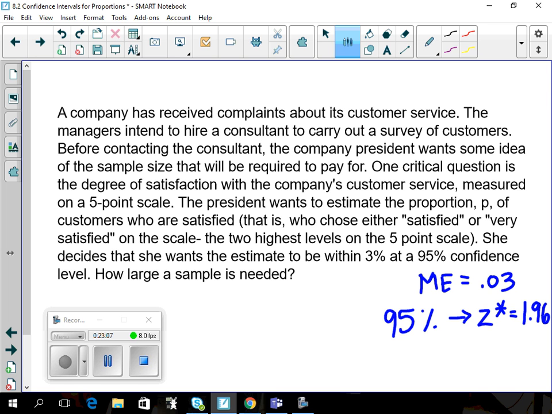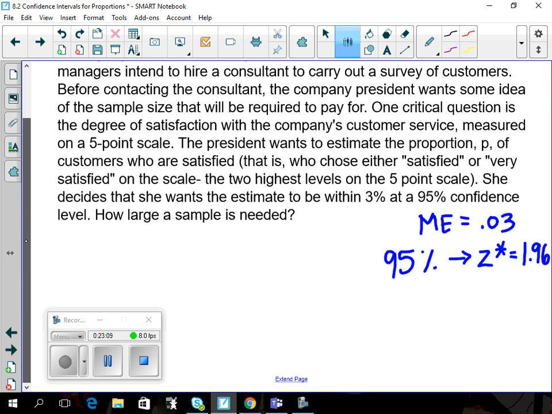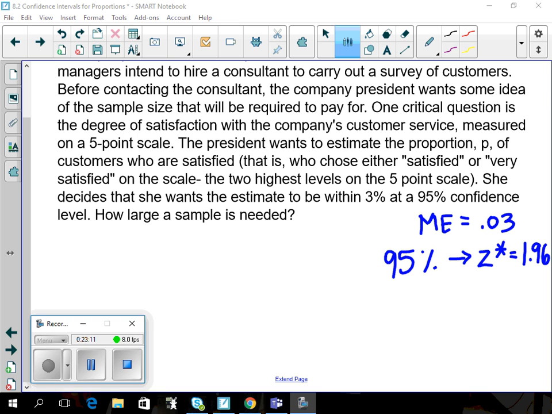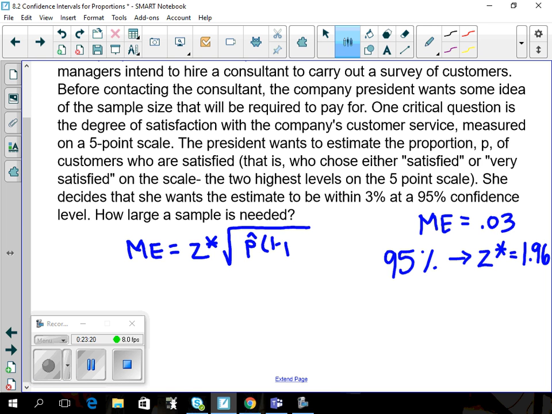Well, let's write down our margin of error formula. Our margin of error formula is z star times the standard error, which is going to be the square root of p hat times 1 minus p hat all over n. So we're solving for n. The question's asking what size sample do I need. Do you agree? From just the margin of error. Yeah.